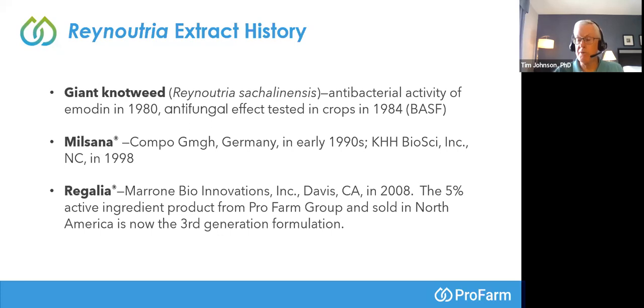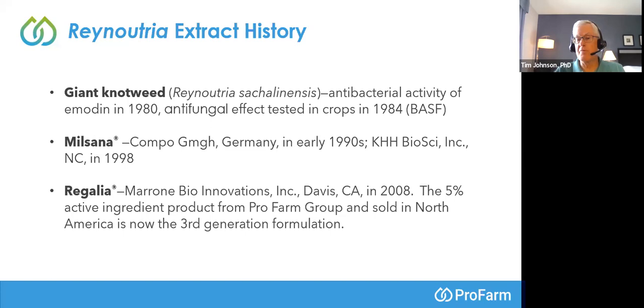They did a lot of work with it, a lot of research, a lot of trial work looking at its mode of action, its translaminar effect, systemicity, but eventually they did not commercialize it. They did spin off the technology, if you will, to two companies, one in Germany, as well as one in the US in the late 90s, KHH Biosciences.